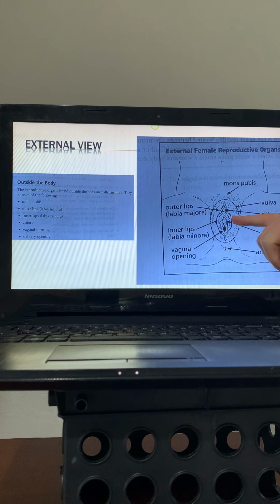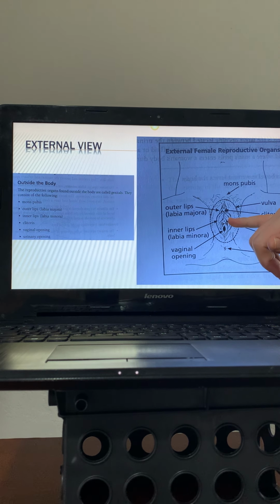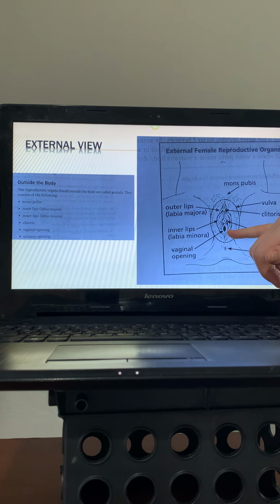You are going to have a urinary opening, so she'll have one hole that she urinates out of. There's the vaginal opening, that menstrual blood can be allowed out of the body, or that's how sperm will enter the body. And then there is the anus. So on the female, there are 3 openings: the urinary opening, the vaginal opening, and the anus.